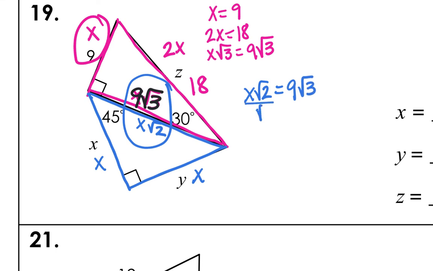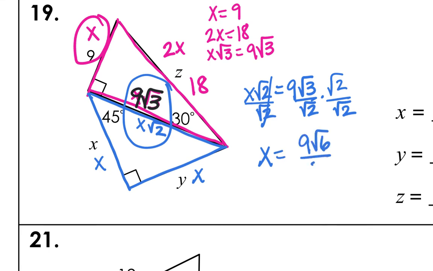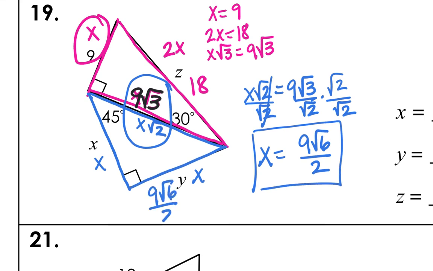So this one will require me to do the work. Gonna have to rationalize. And I get that the numerator now is 9 square root of 6 over 2. So both of the legs are 9 square root of 6 over 2. Leave it as a fraction.